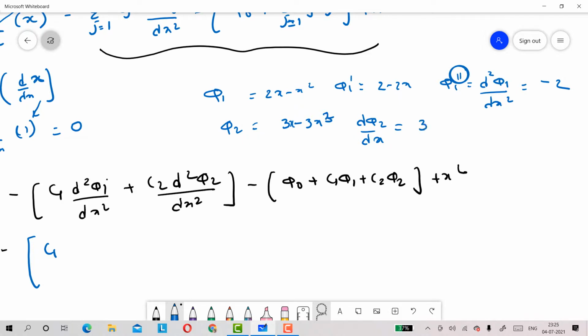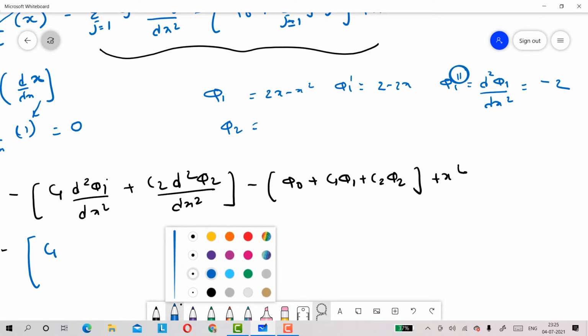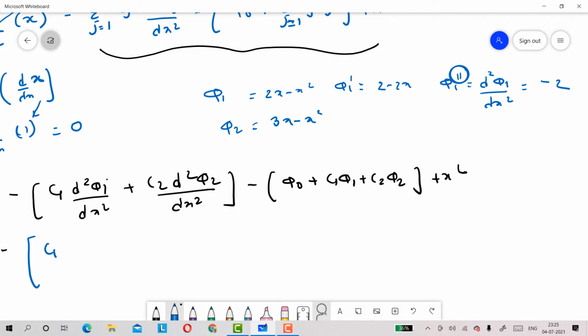The phi 2 term is 3x minus x cube. On differentiation, it will become 3 minus 3x square, and on double differentiation, it will become minus 6x.